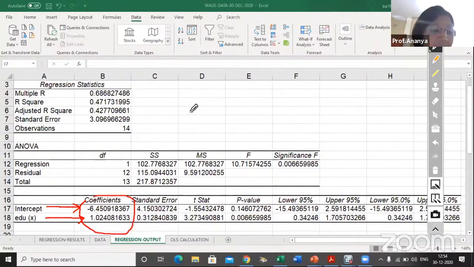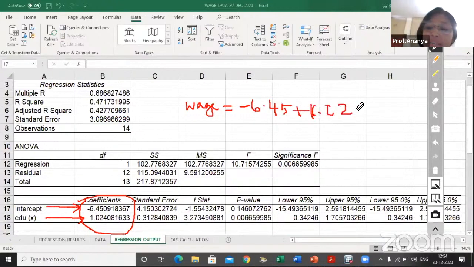So this is saying that wage is equal to -6.45 plus 1.02 into edu. So the slope of the line is 1.02.